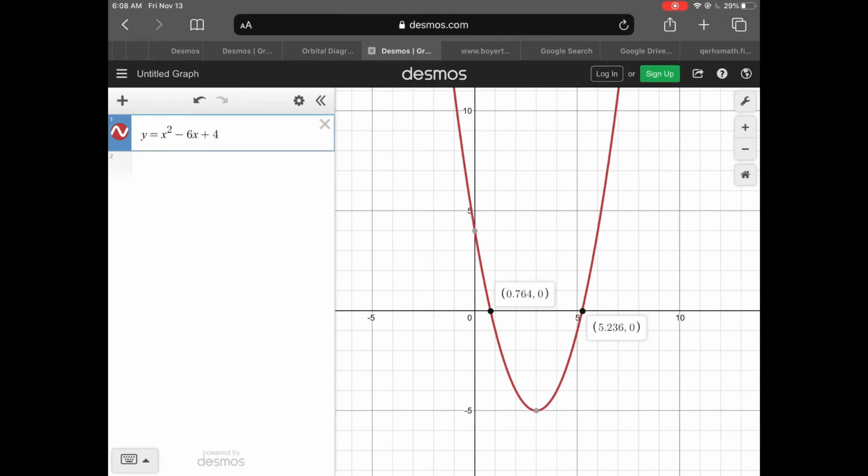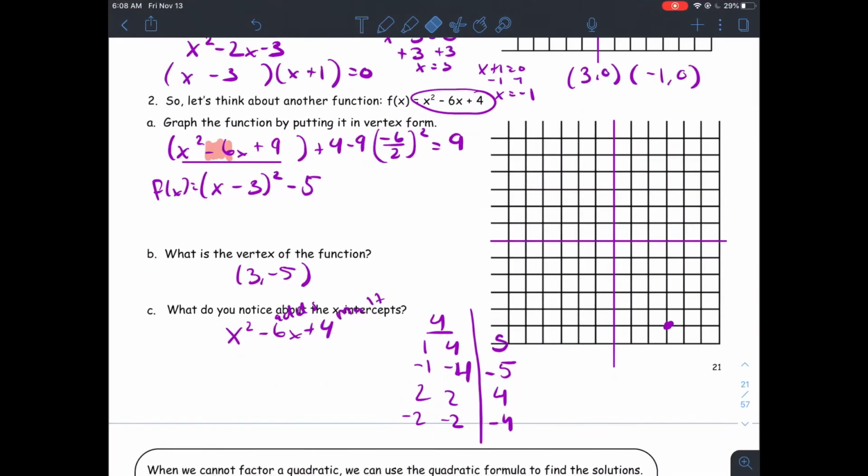So when something is prime and you can't factor it, you're going to end up with some kind of crazy looking zeros, solutions. So we've got 0.76 and 5.2. So we got that one, and then 1, 2, 3, 4, 5, and we went there.